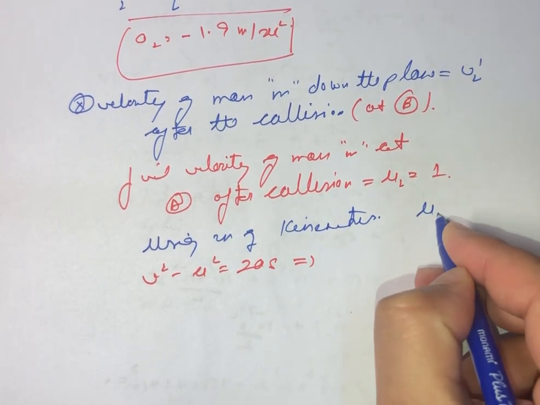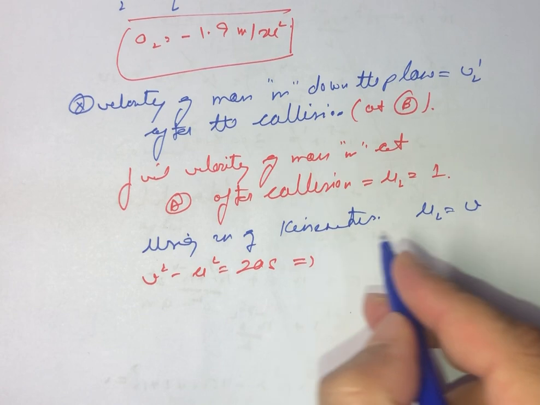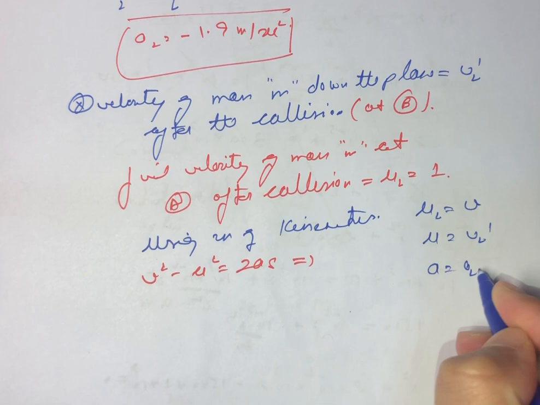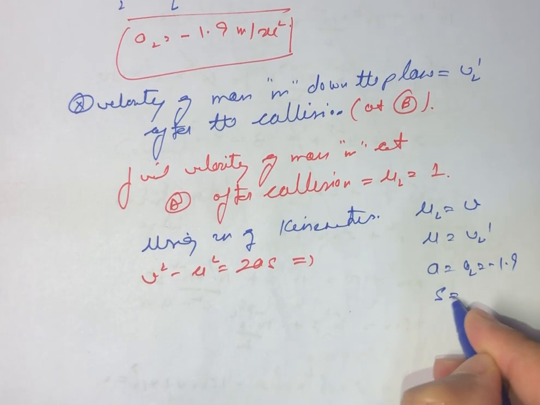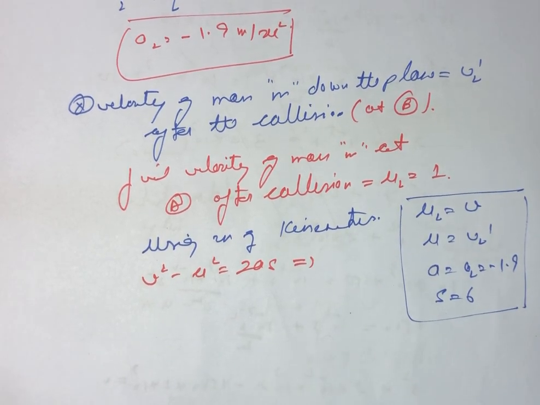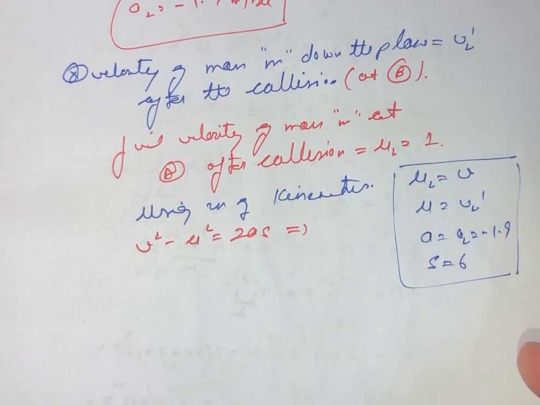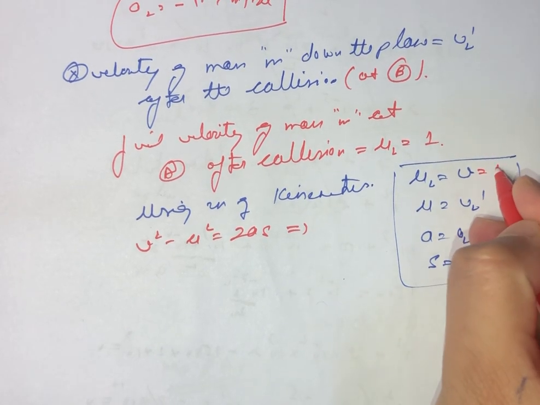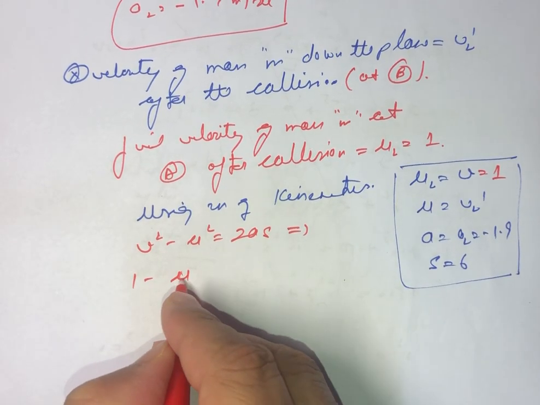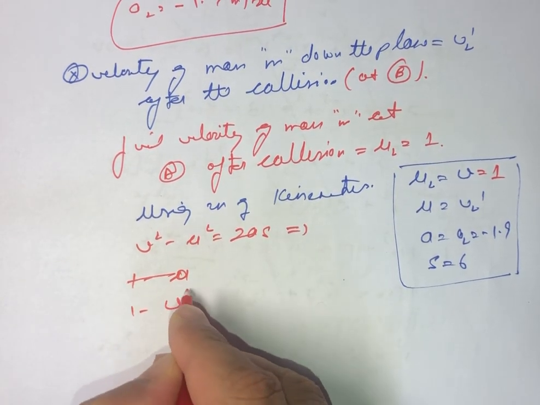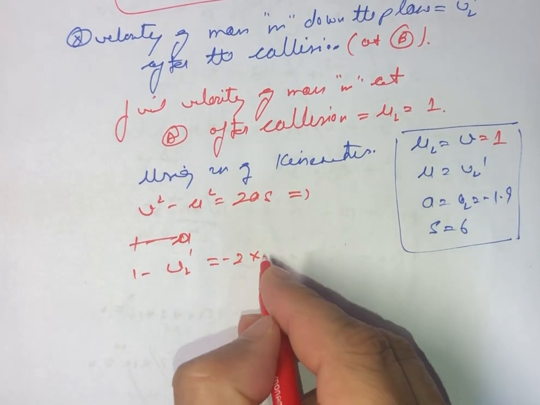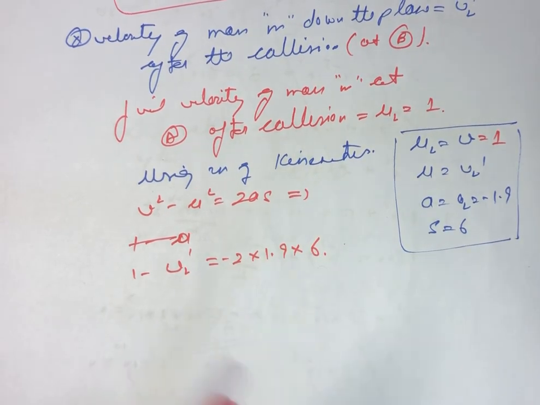Here u2 is equal to v, and u is equal to v2 prime, and a is our a2, which is minus 1.9, and s is 6. So 1 minus v2 prime square is equal to 2 times minus 1.9 times 6.